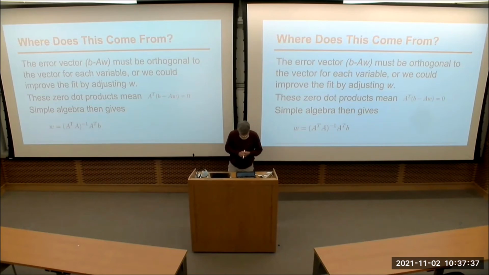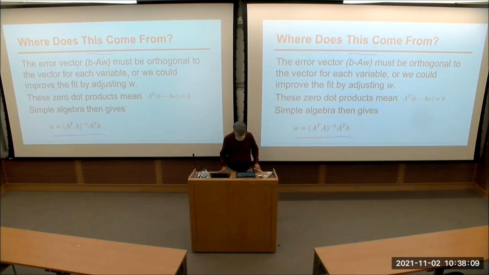Now, where does that formula come from? It turns out it comes from the following. If we want the best fitting coefficients for the line, we need to have the property that if we have the best fitting line, there is no way that we can move that line and have it fit the data points better.